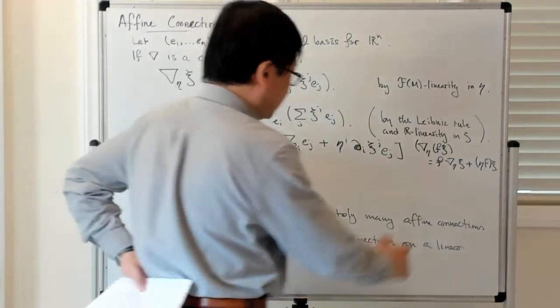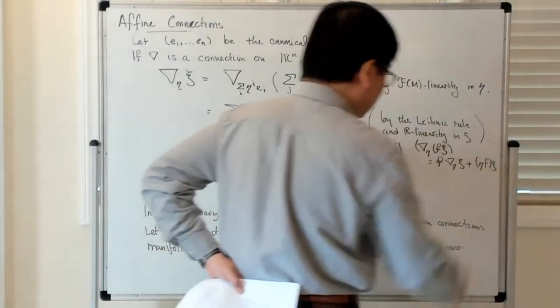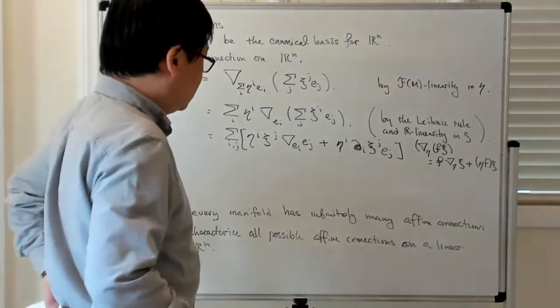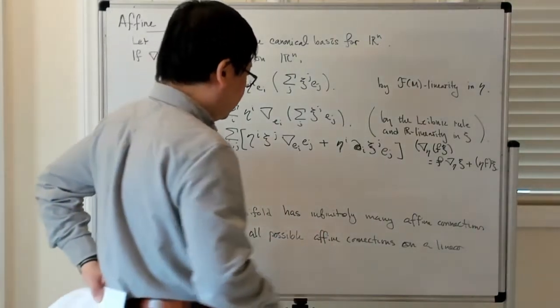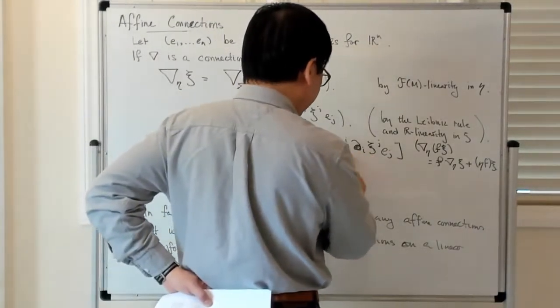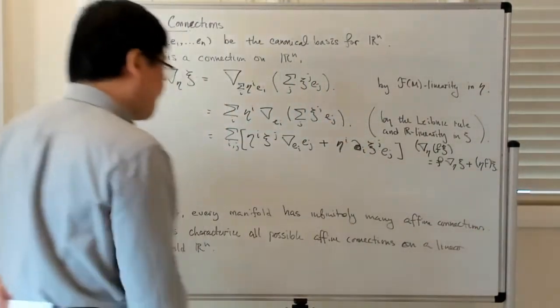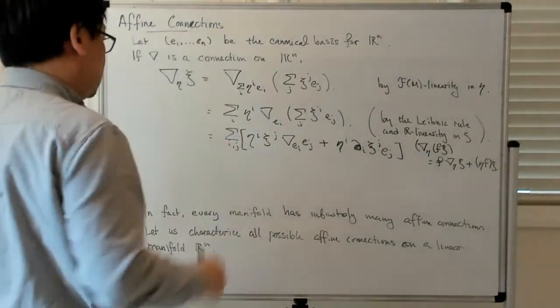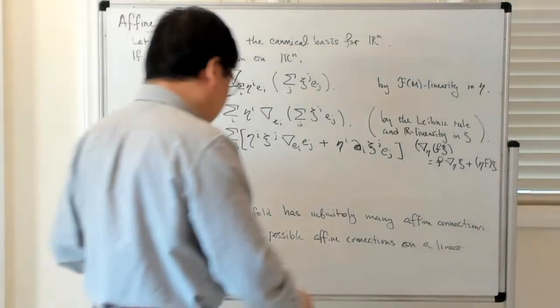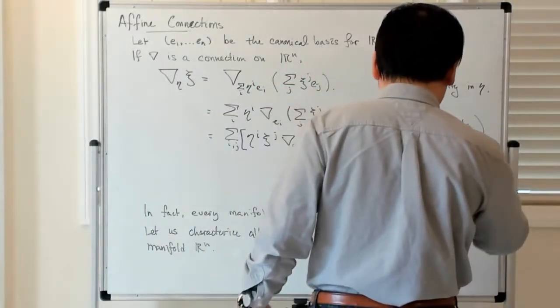So this acting on f is like a derivative. So this is the derivative operator associated with that. Okay, all right. Maybe let me just write it in this way.